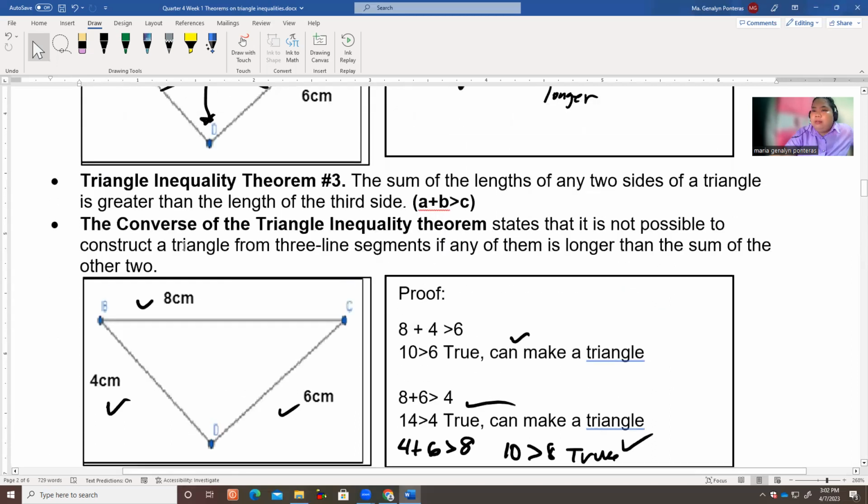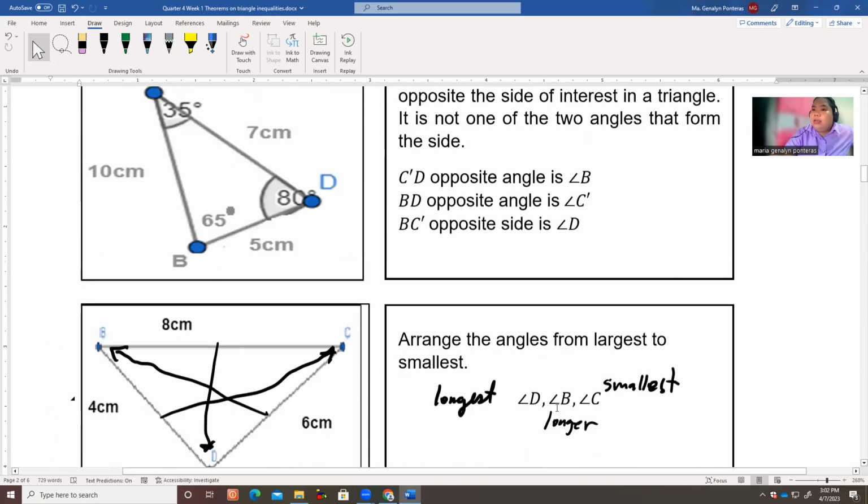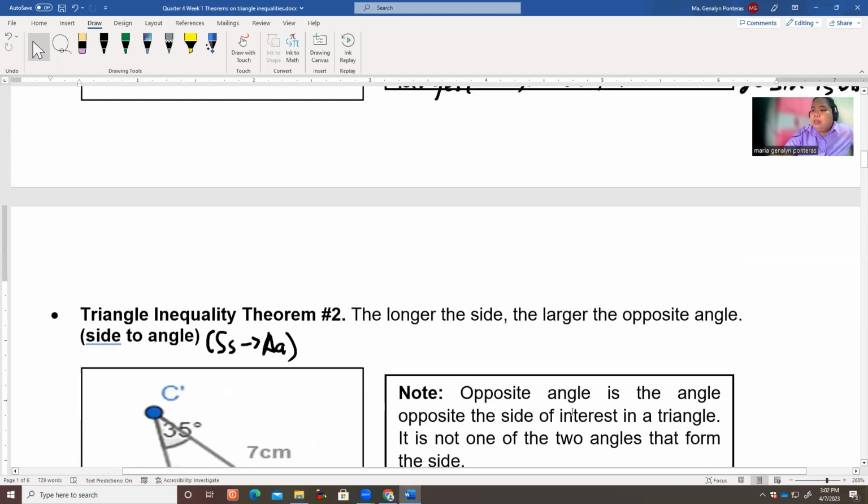Then, hindi lahat ng numbers ay pwedeng maging sukat ng sides ng triangle. Meron tayong sinusunod na inequality relationship, which is A plus B is greater than C. Kapag ang mga sukat ng sides ng triangle, pag lahat yan ay naging true, meaning to say you can make a triangle. Now, for triangle inequality theorem number 2, kung meron tayong longest side, yung opposite angle niya is the largest angle.